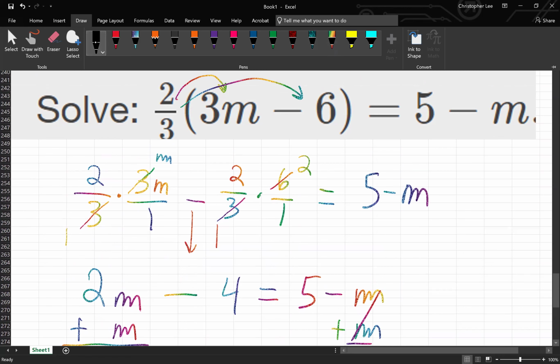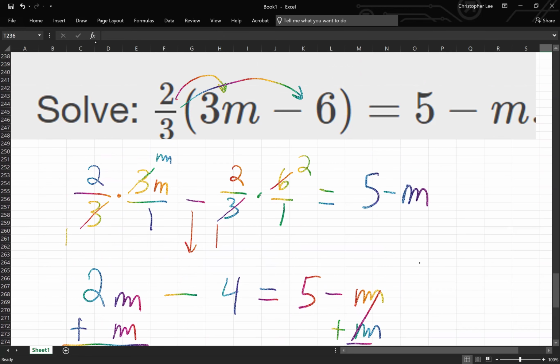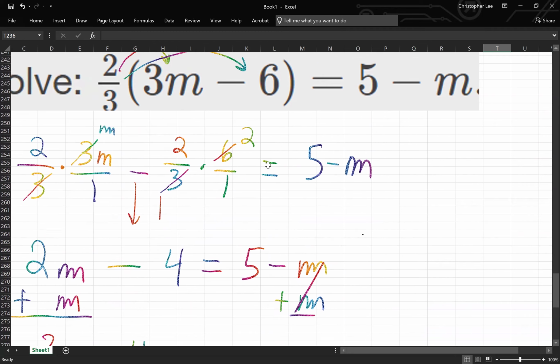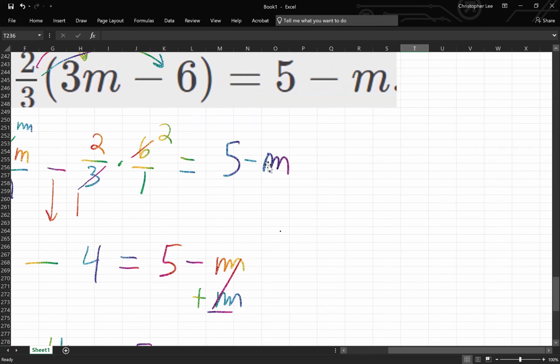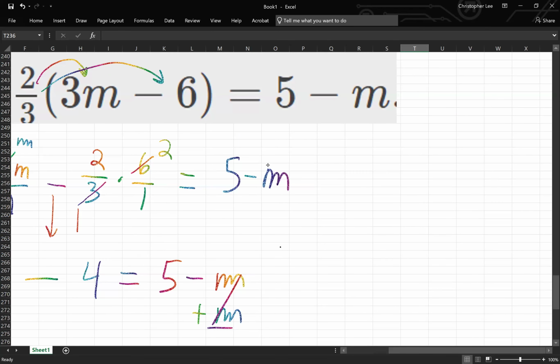Let's do black. I'm just gonna pull this to the side real quick. So I want to check this. I'm just gonna write it low. So I have 2 over 3 times 3m minus 6 is equal to 5 minus m.